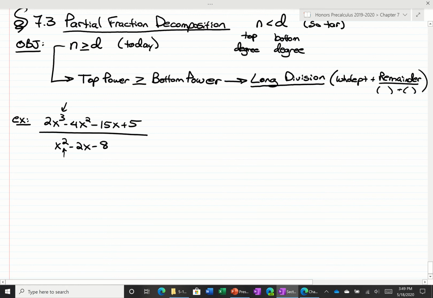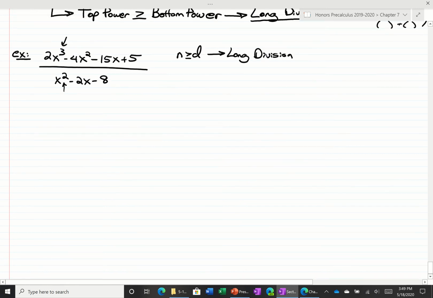Because this top power is greater than the bottom, we do long division. So with long division, we're going to divide x squared minus 2x minus 8 into 2x to the third minus 4x squared minus 15x plus 5. So x squared, we could put 2x here.